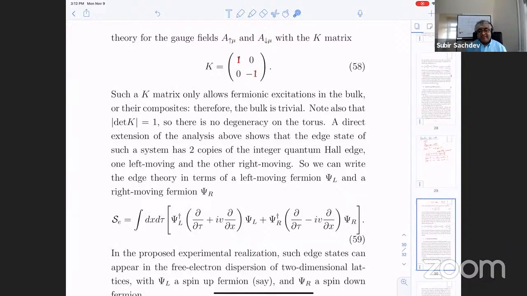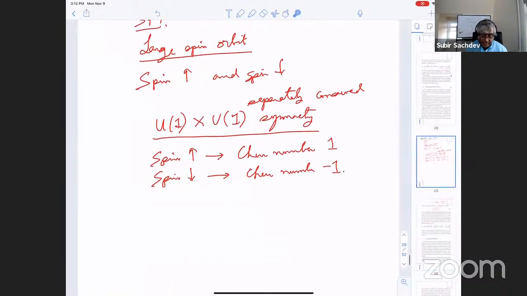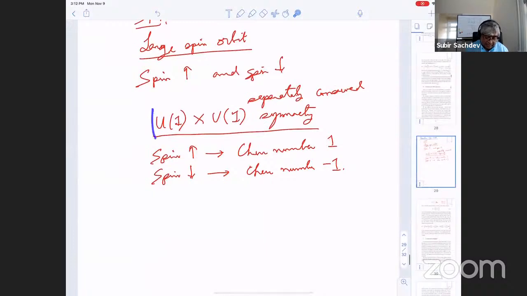So in fact, this is just like non-interacting electrons on a wire, except because the number of up particles is separately conserved from the number of down particles, the two edge states are perfectly protected. They're always present. Nothing's going to destroy them unless you destroy the conservation law. So the key thing that protects the edge states now is this U1 cross U1 symmetry.